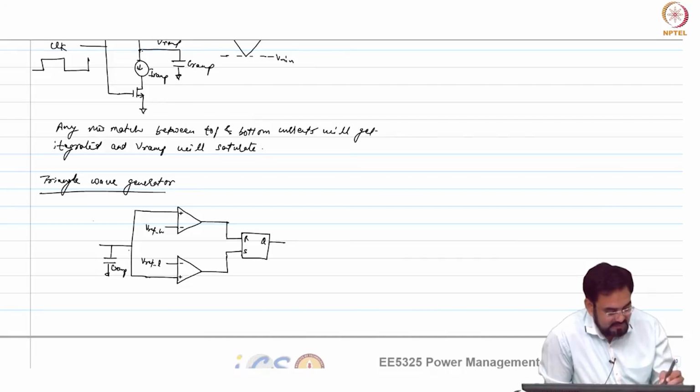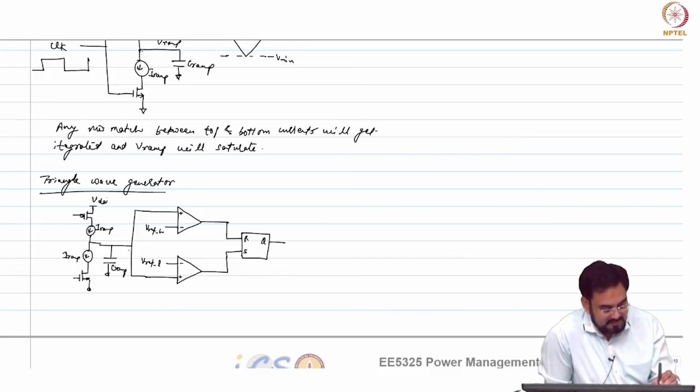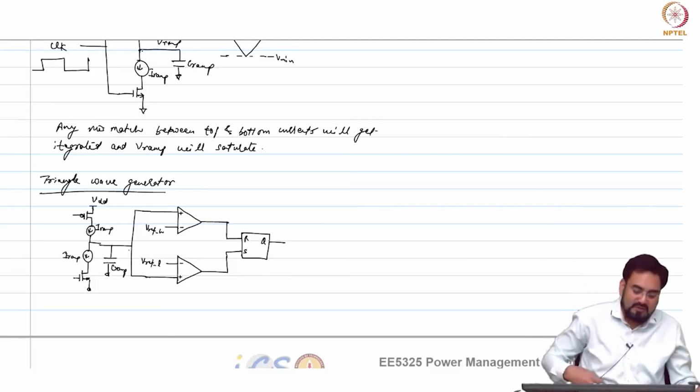This is CRAM. I need two currents here. So let's say PMOS and current, VDD. Okay, so let's see who will control what.